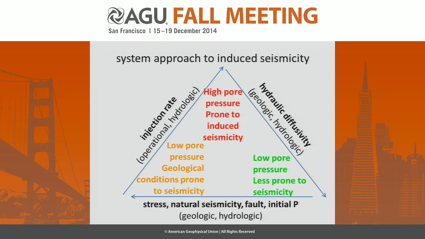And on the base is really the geological background, which I think we all agree on and talked about quite a bit today: background stress, natural seismicity, fault distribution, and initial pressure. So again, we need to take a systems approach and develop hydrological and hydromechanical models to assess the situation.